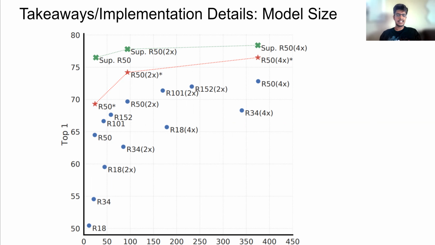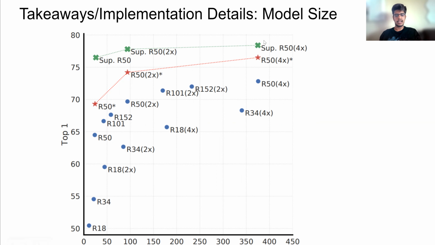You can see the more compute you throw in and the more parameters you throw in, the better they are. So different ResNet versions. For example, ResNet 4x is 4 times the width in each of ResNet-50's layers, so it's a really large network.